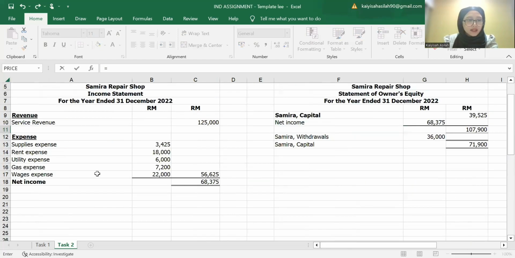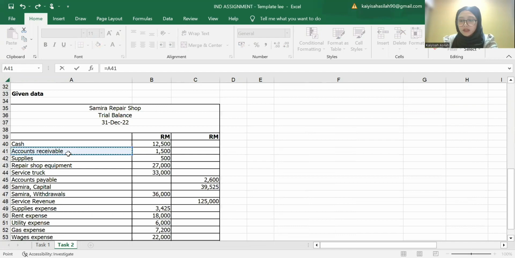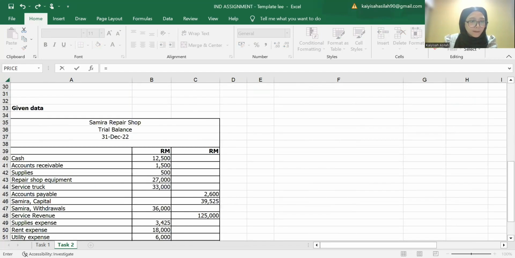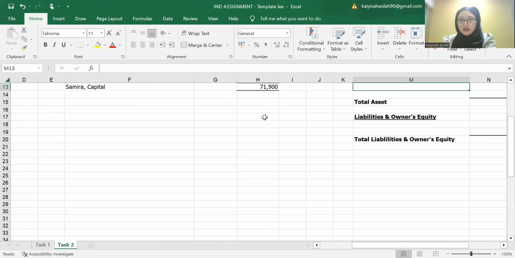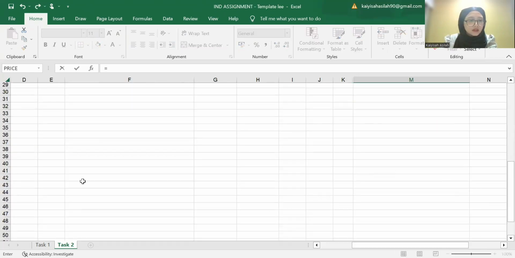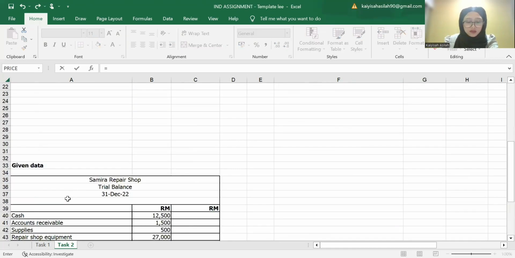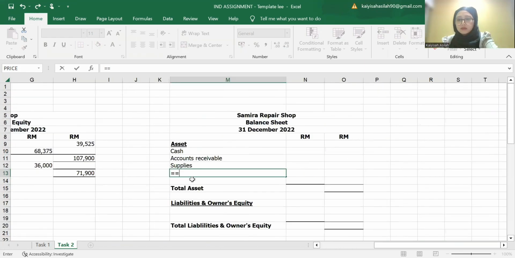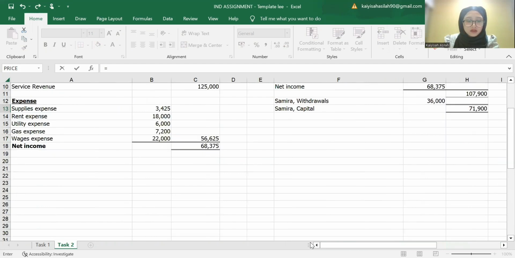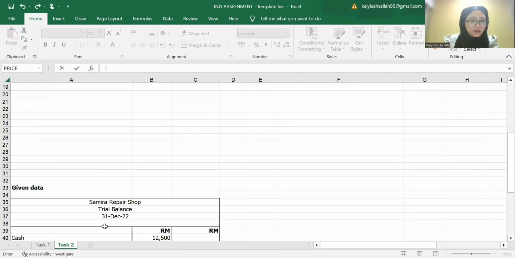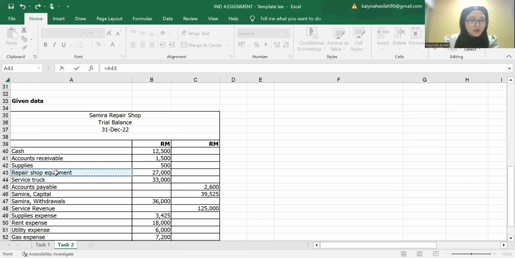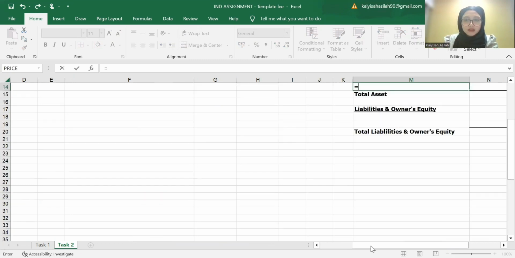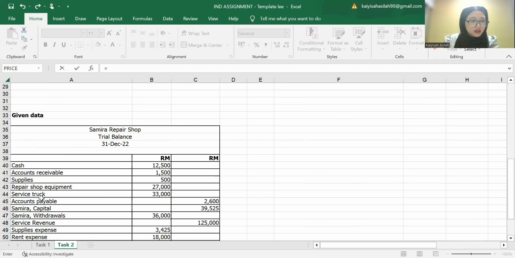And then we go through all the items in the given data: accounts receivable, supply, repair shop equipment, and another one is a service truck.